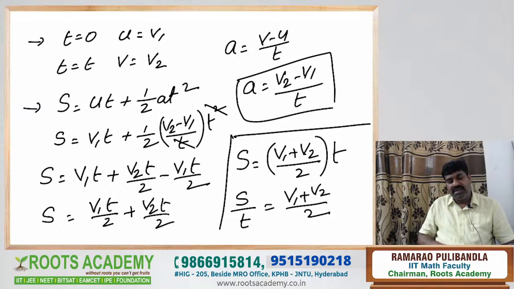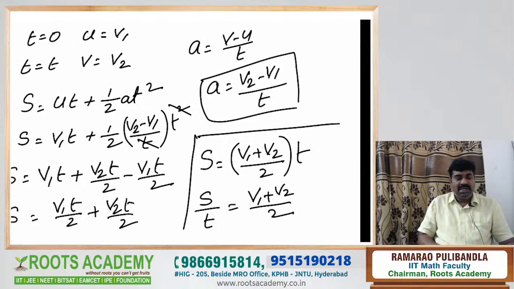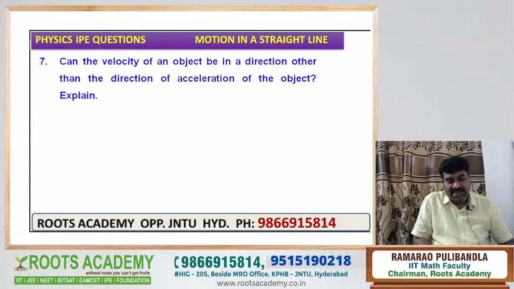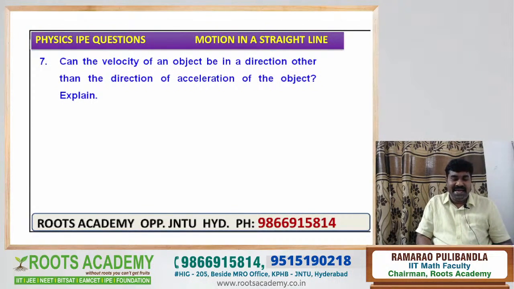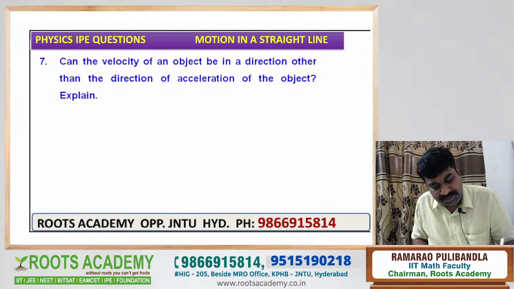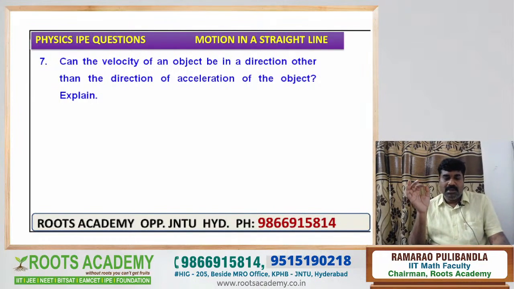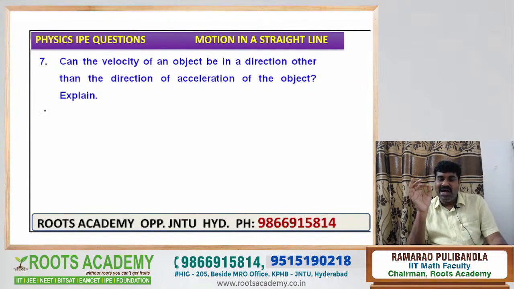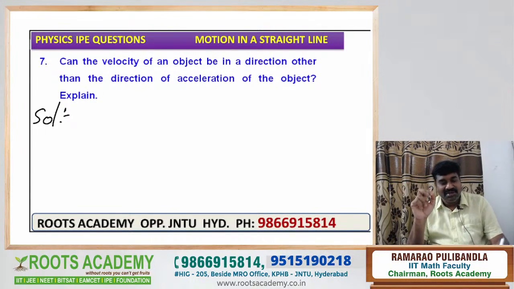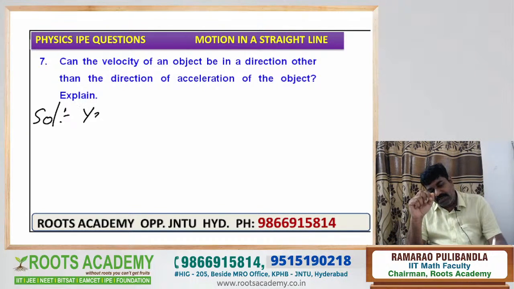Okay, next one. Here, can the velocity of the object be in a direction other than the direction of acceleration of the object? Explain. Yes, it is possible.